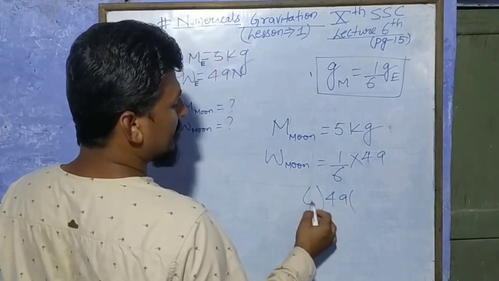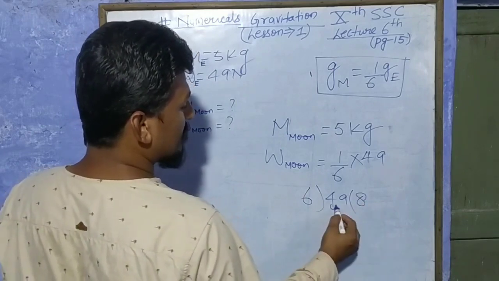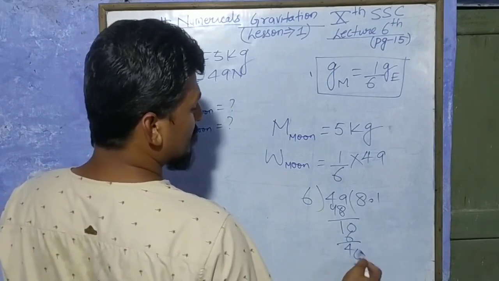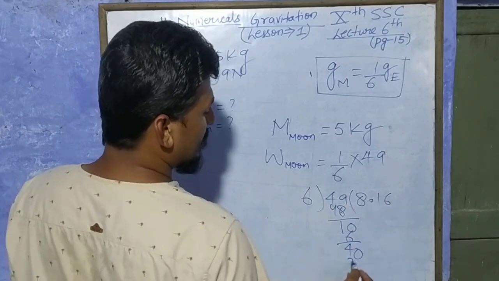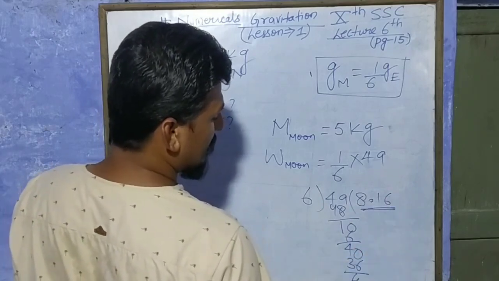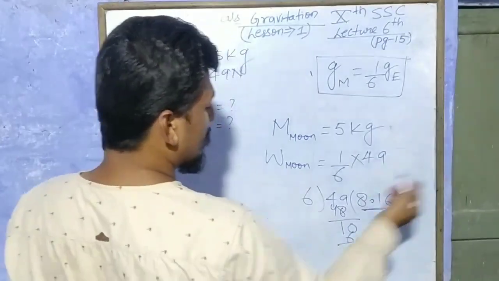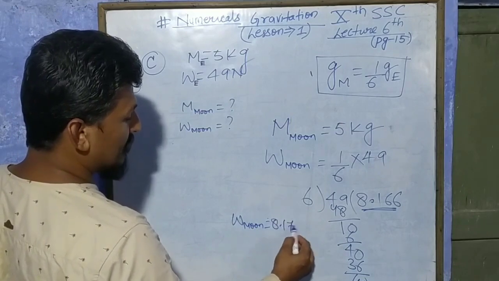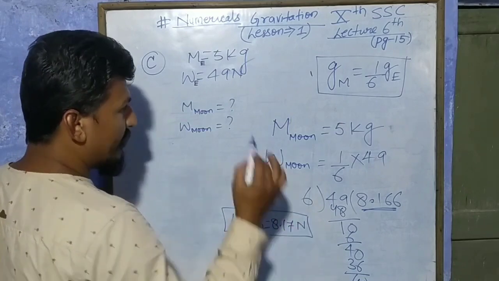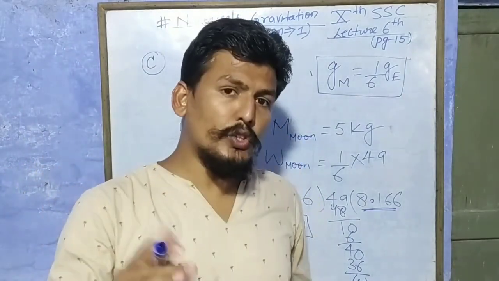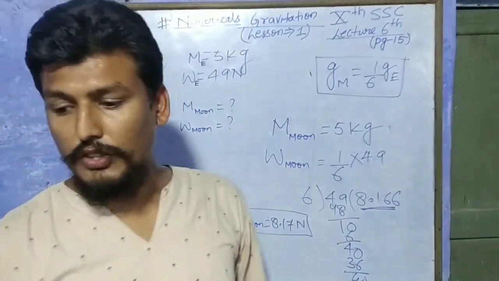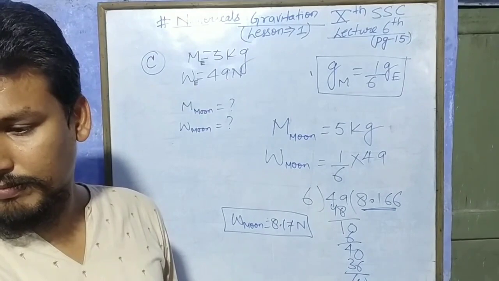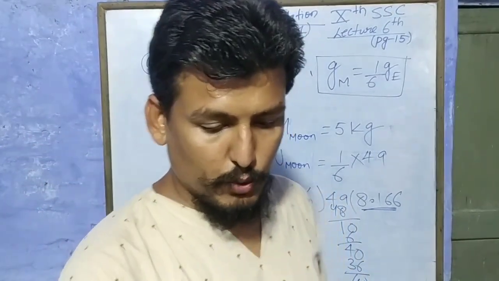So 49 divided by 6. 8 into 6 is 48, and so on, which gives 8.166. So the weight on the moon is 8.17 Newton. Weight depends on acceleration due to gravity. This is our third question.